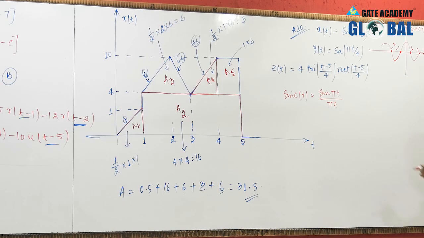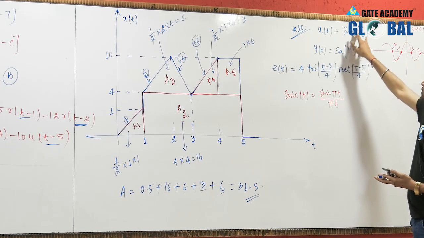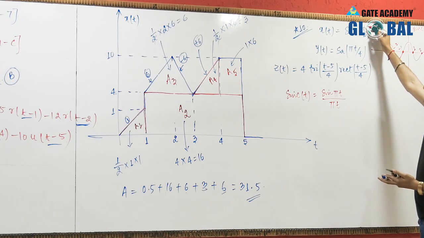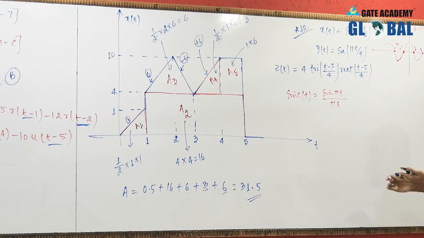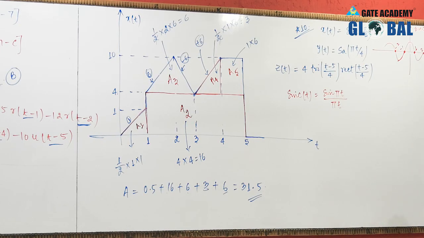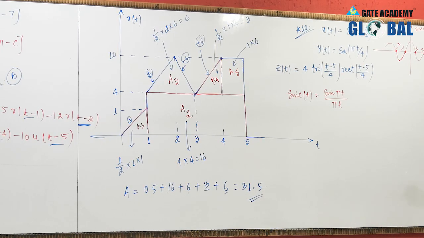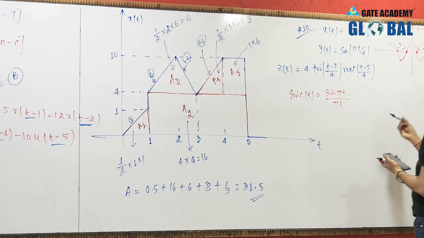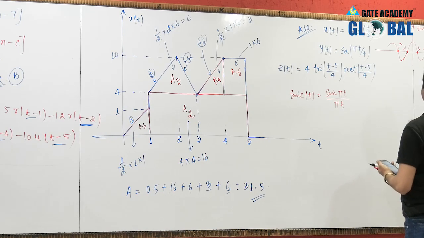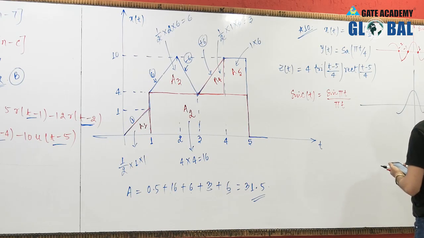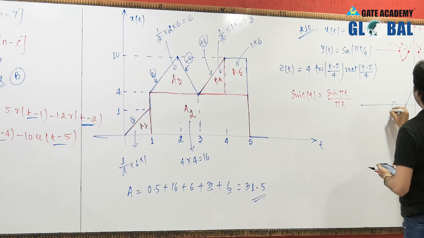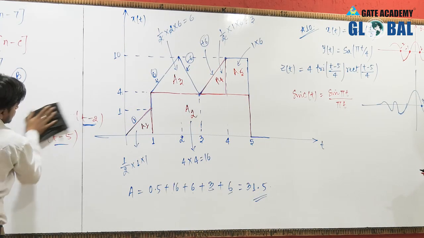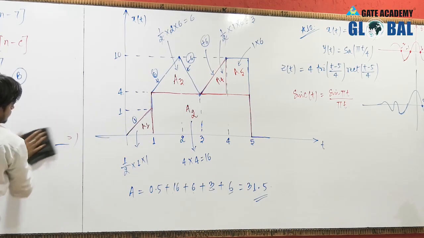So sinc function will have 0 crossing points at t equals 1, 2, 3, 4 and so on. Now if you see signal x of t, it is sinc of t by 3. What is the effect of scaling? Here you are scaling with alpha equal to 1 by 3, so you have to divide all these 0 crossing points by 1 by 3. Therefore, these points get multiplied by 3, and if you plot x of t, this signal will have the points 3, 6, 9, 12 and so on as its 0 crossing points.